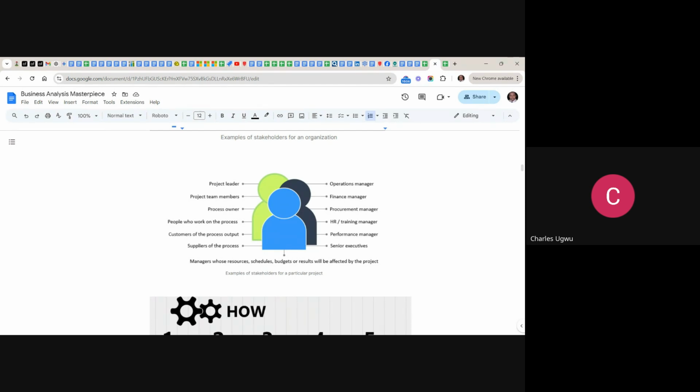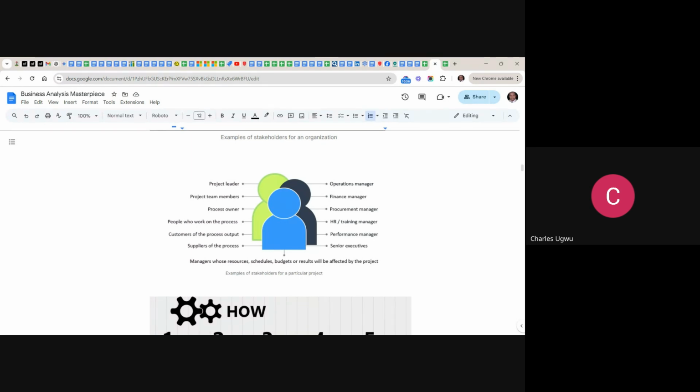We have process owners. Process owners are people working on the process day-to-day. These are various process owners, like the head of department who can own that process within that department. Then the people who work on the process are part of the process owners, but the main process owner might be the HOD.